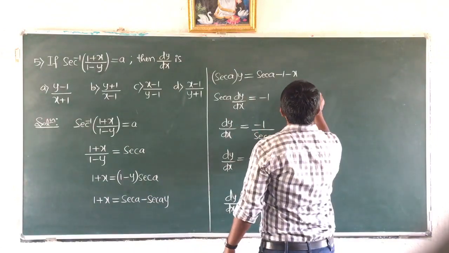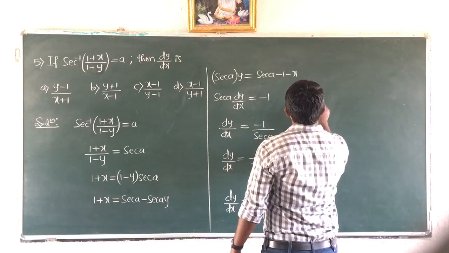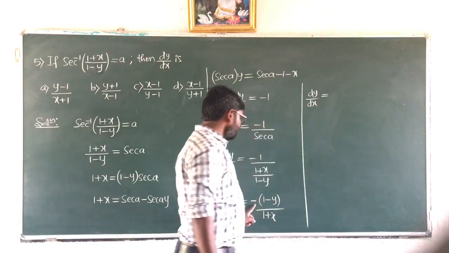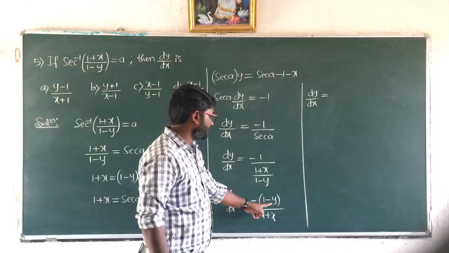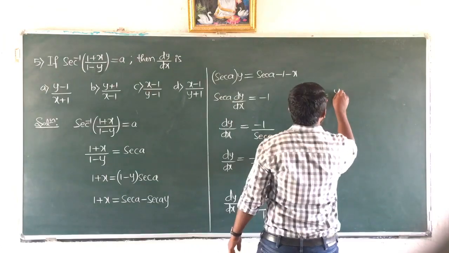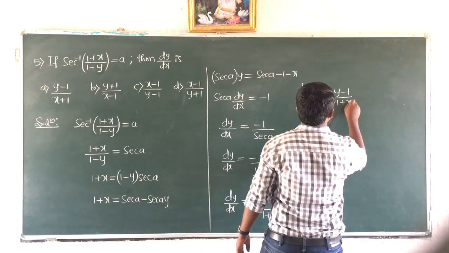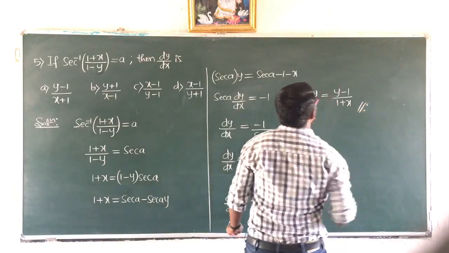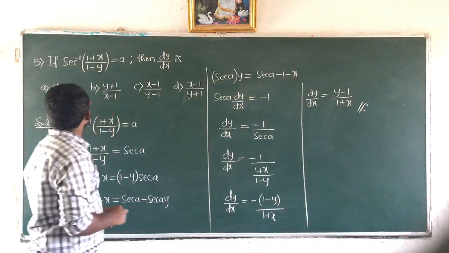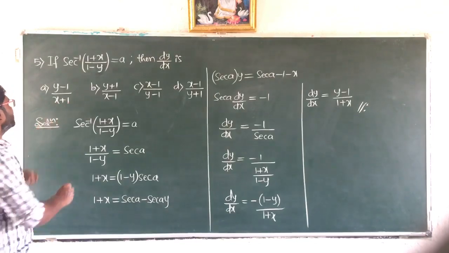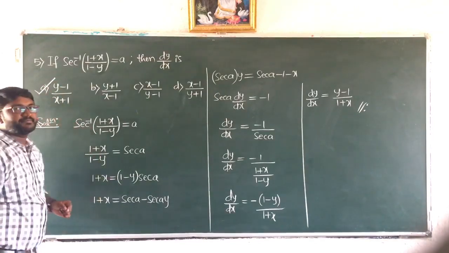So dy by dx, which is equal to minus into 1, it is minus 1, minus into minus it is plus. It becomes y minus 1 divided by 1 plus x. So this is the answer. Now check the options. So y minus 1 by 1 plus x, it is the option A.